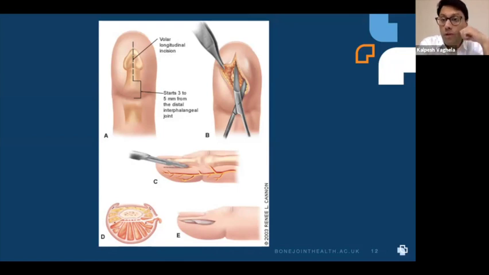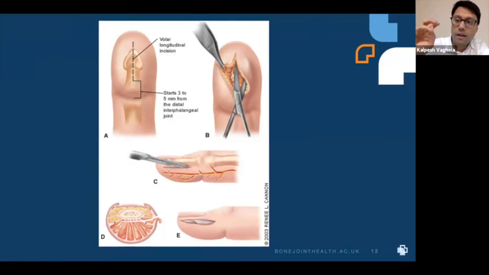In terms of planning your incisions, it's important to know where you're making them. In terms of your hand, your thumb is absolutely crucial. So you need to avoid the side that pinches onto the index finger if you can, so go for the radial border. In terms of your index finger, if you can, use the ulnar border, which is away from the side that you pinch, is also a good idea.